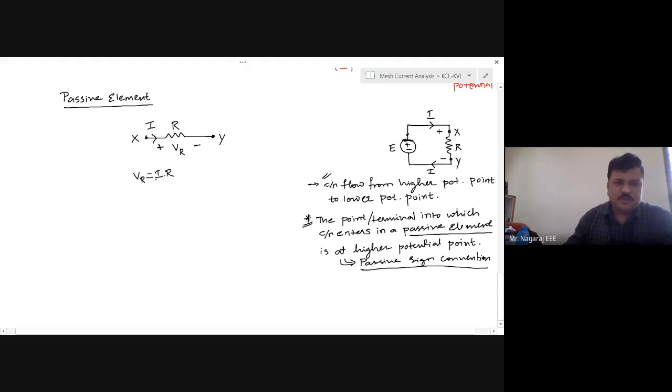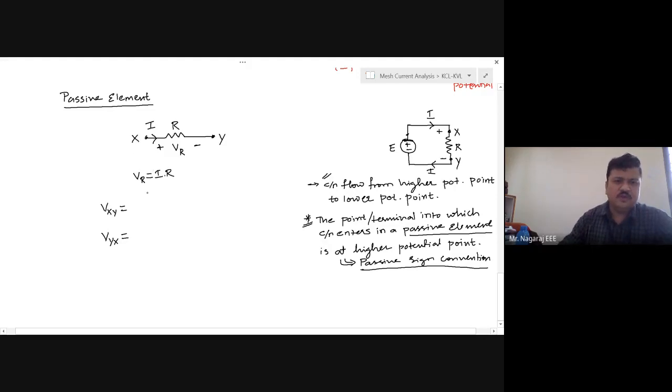Now, as per the higher potential and lower potential convention we have considered, what is Vxy, and what is Vyx? Vxy is the tracing of the resistor from X to Y. When I trace the component from X to Y, I see that X is at higher potential and Y is at lower potential.